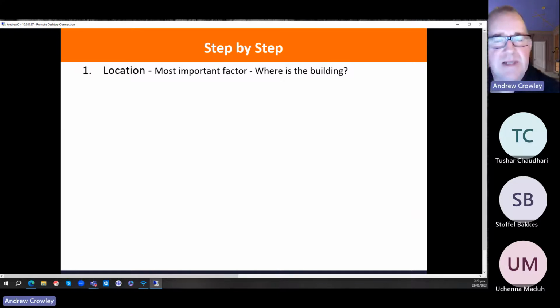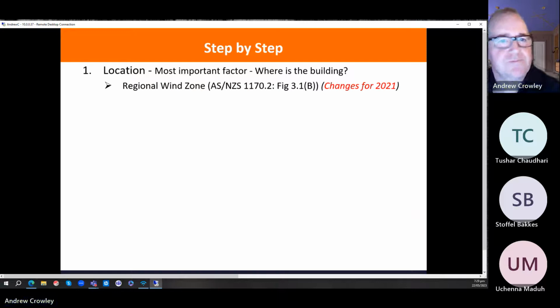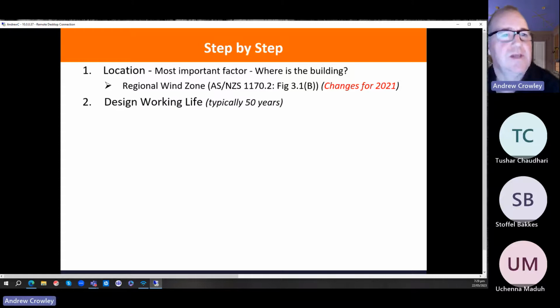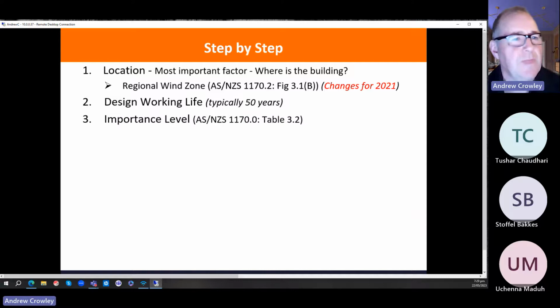Where is the building? That's probably the most important factor to know, because that will determine what your regional and site wind speeds are. There are changes in the 2021 edition to the wind zones, and even the zones have been given different names in the 2021 edition. It's now the design working life, which is typically 50 years.